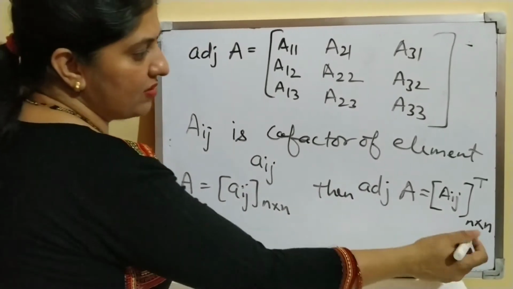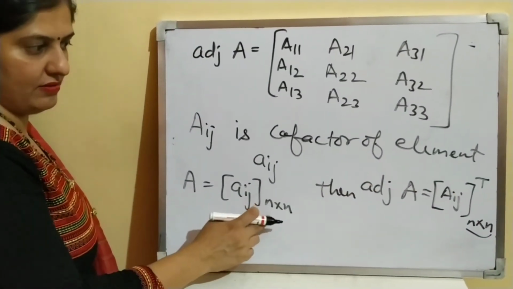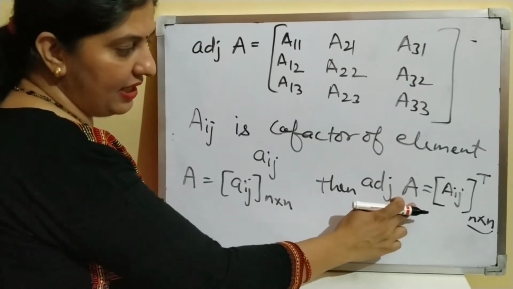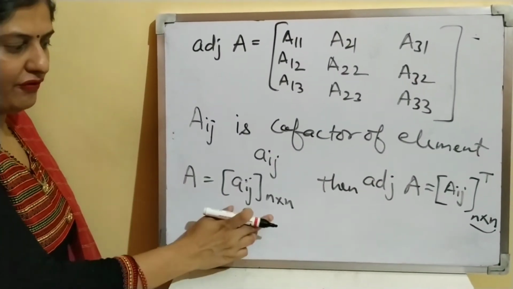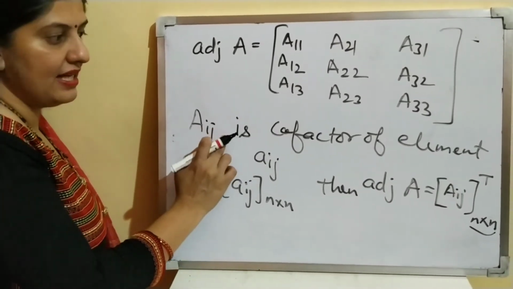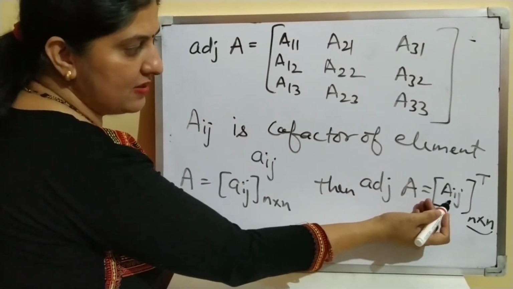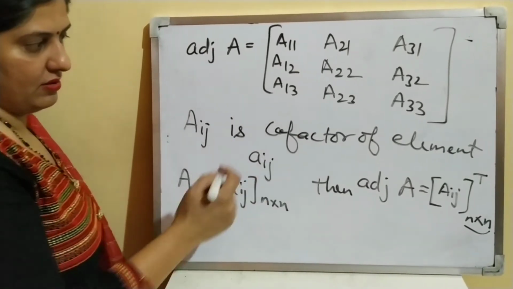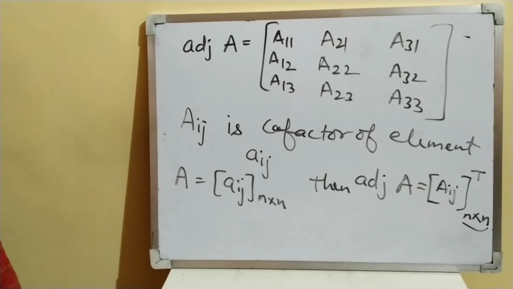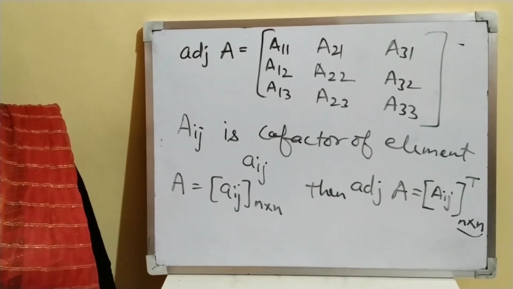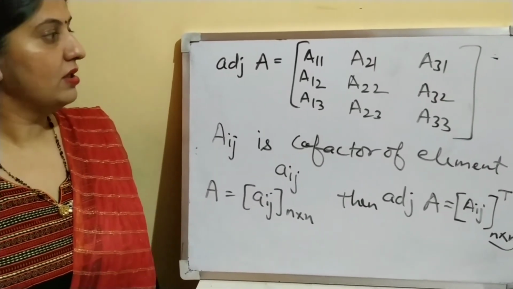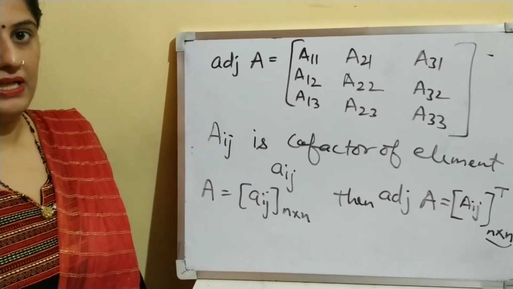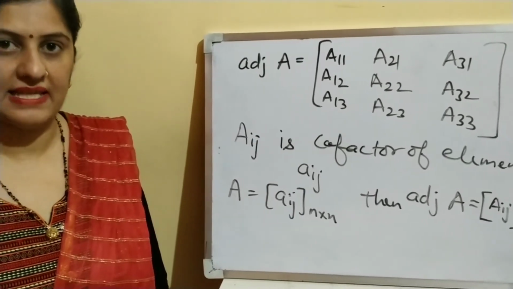The order of adjoint of a matrix A is the same as the order of A. And capital Aij represents cofactors of the elements of type aij. I hope it is clear to you. Now we will discuss how we can find adjoint of a given matrix mathematically by taking some examples.